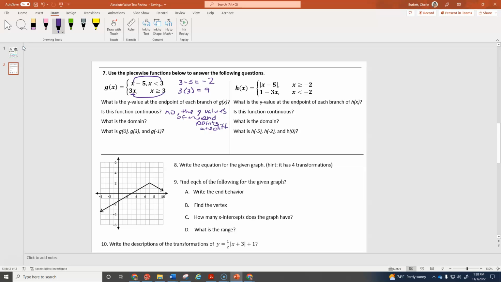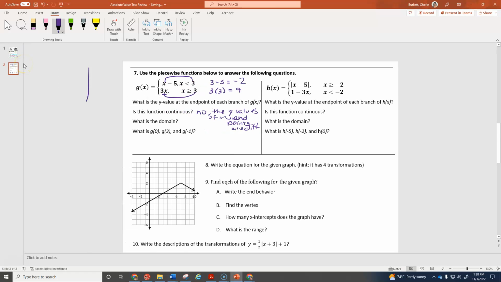So that means that one of these graphs, and I'm going to show you the graph in just a second, has an open circle at 3, -2, because I plugged in 3 and I calculated -2.